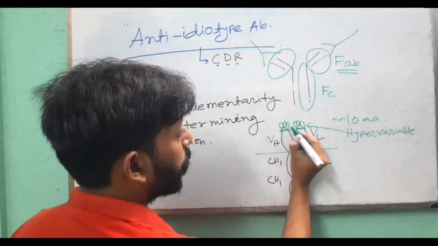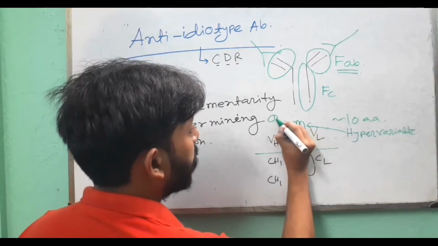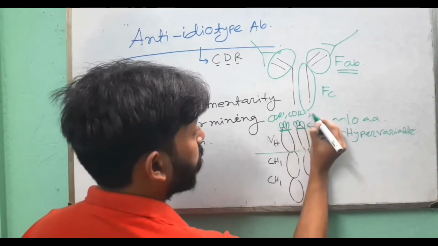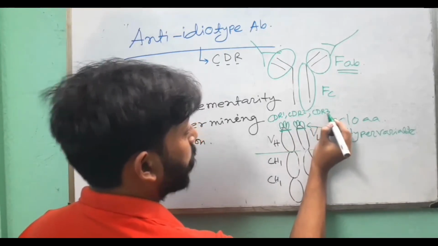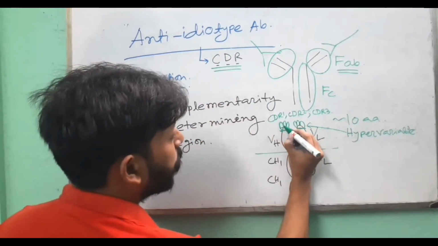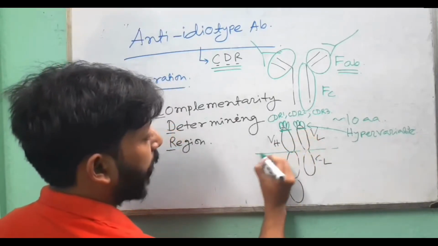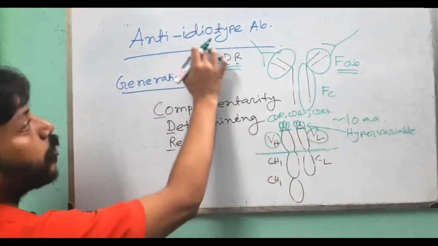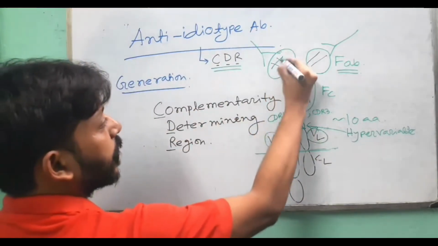These three stretches are called CDR1, CDR2 and CDR3. So this CDR means the hypervariable region of heavy and light chain. So anti-idiotype antibody binds in this region.